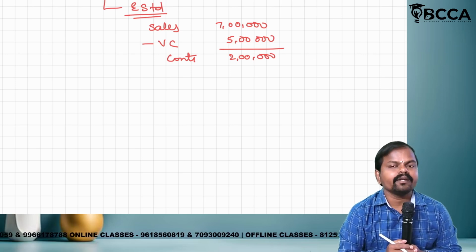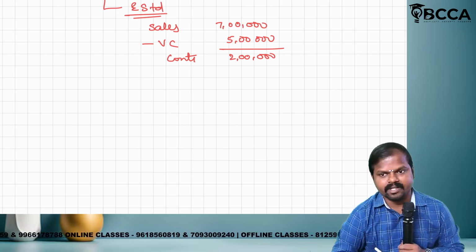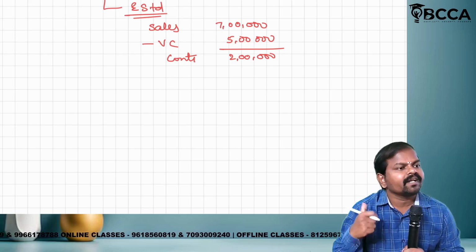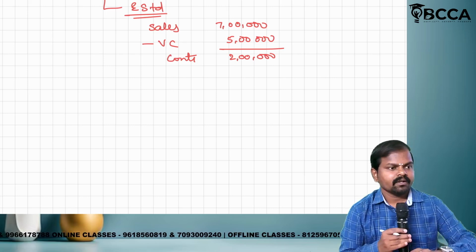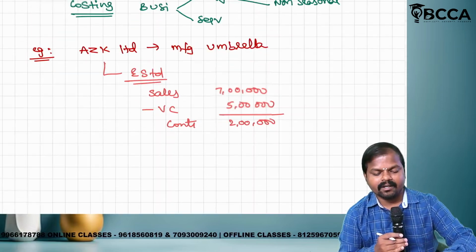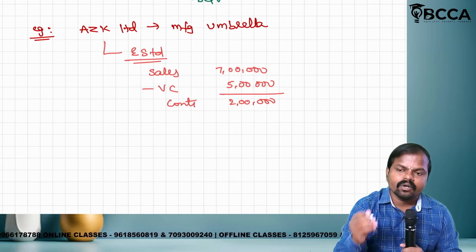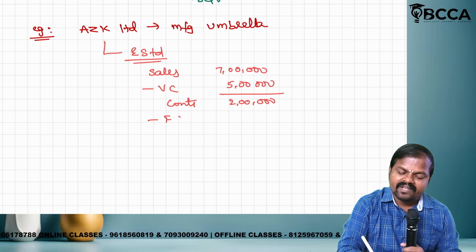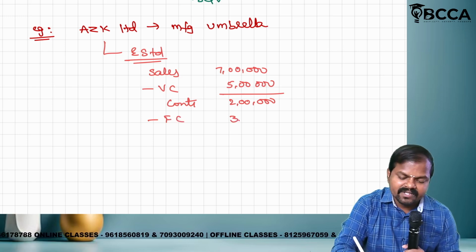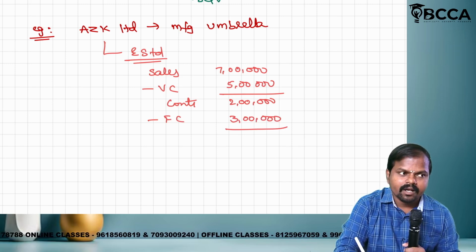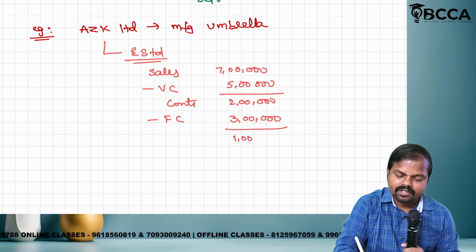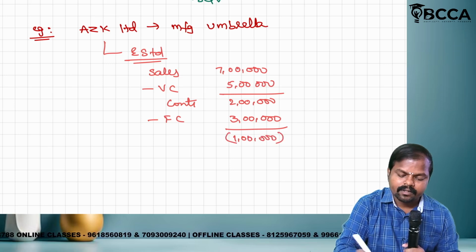Don't think like that; we will discuss it under the marginal costing chapter, where the income statement will be elaborately discussed. Minus fixed cost of 3 lakh. Profit or loss? Loss of 1 lakh.